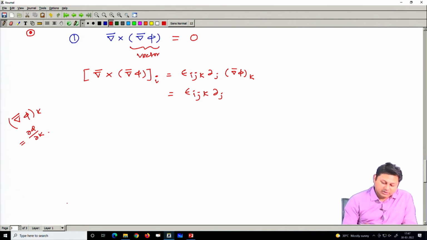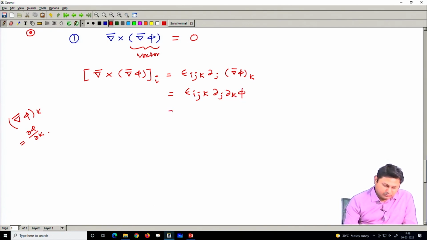The kth component, k is 1, 2, 3, so that means x, y, z. The x component is del phi by del x, the y component is del phi by del y, the z component is del phi by del z. So, instead of writing x, y, z, if I write k, it should be del phi by del k. So, then it is del k phi that we are having.